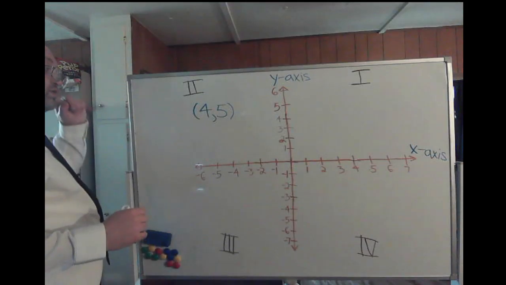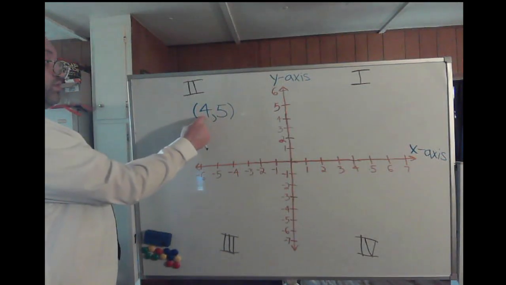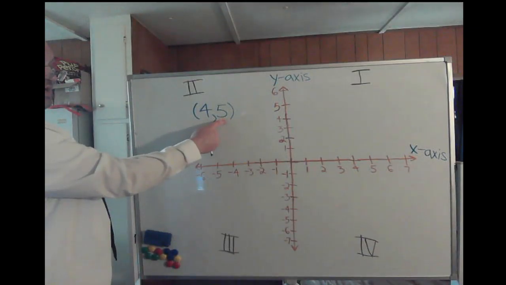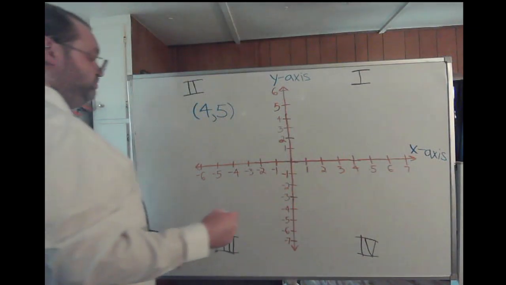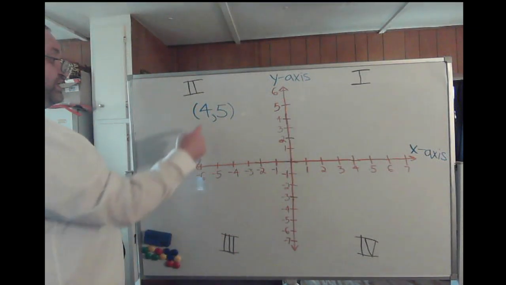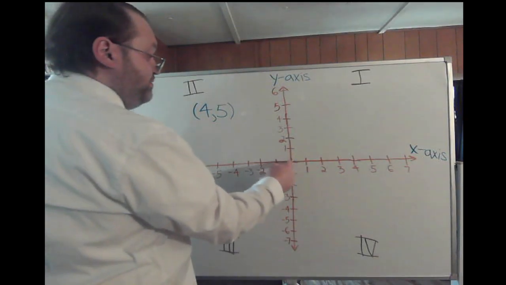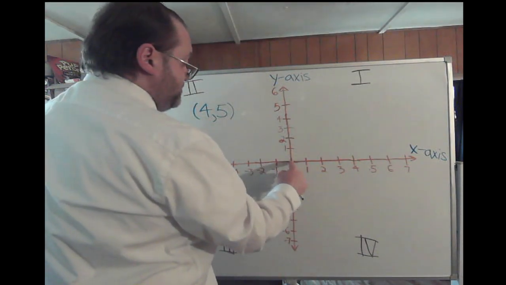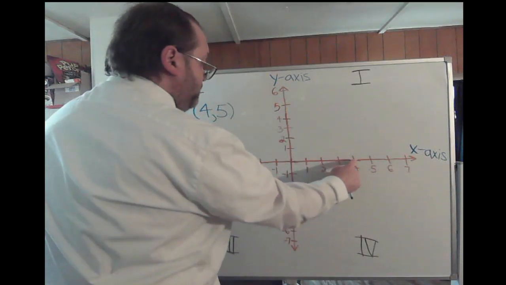So what you're going to do, this tells you your x coordinate is 4, your y coordinate is 5 in this ordered pair (4, 5). So first thing to do is go over to the right 4 from the origin. Always start at the origin. Go over to the right 4, so 1, 2, 3, 4.